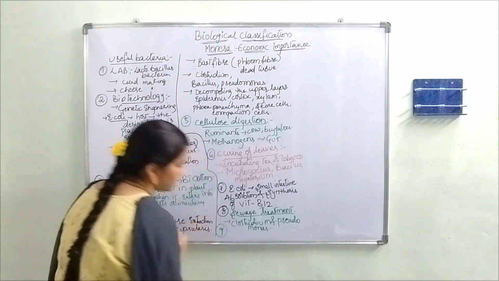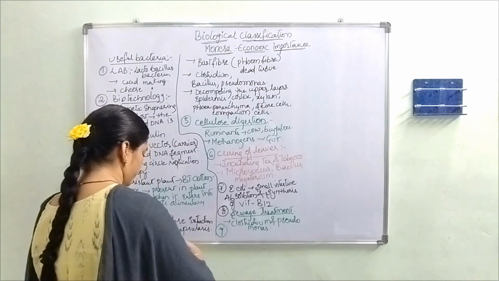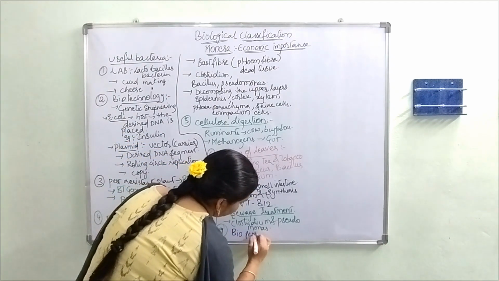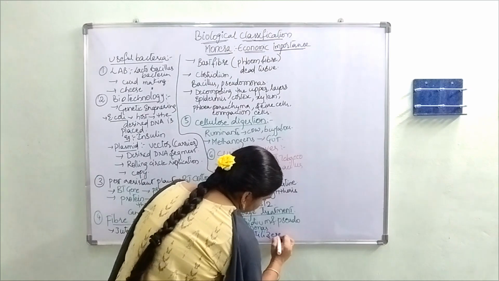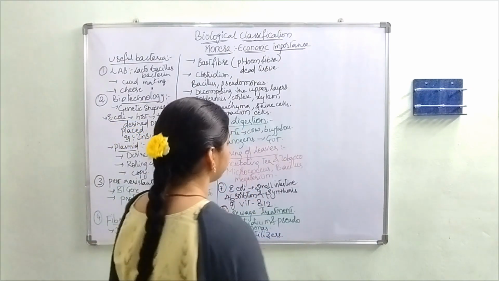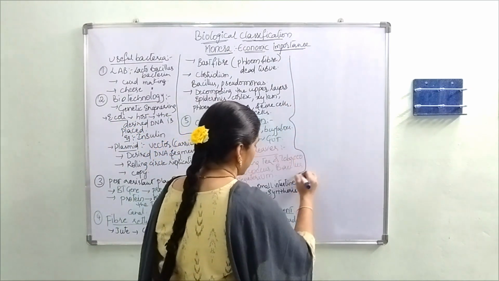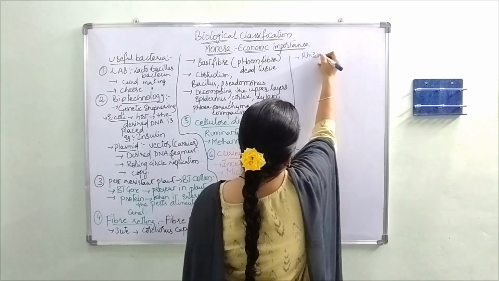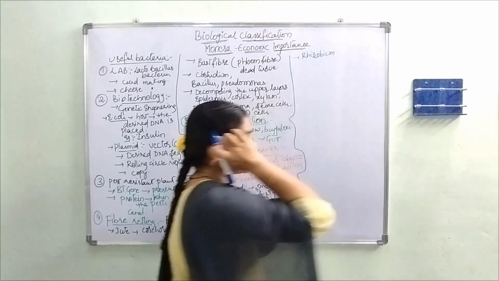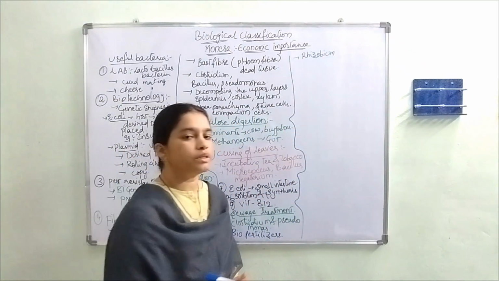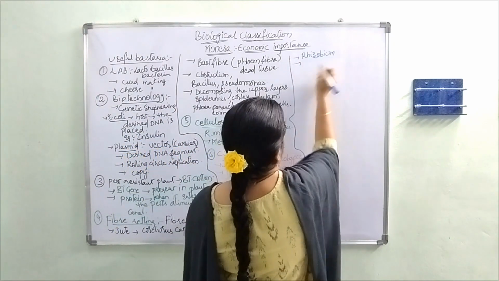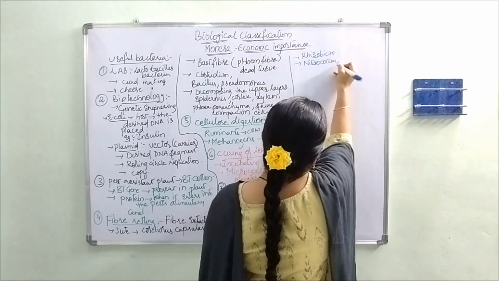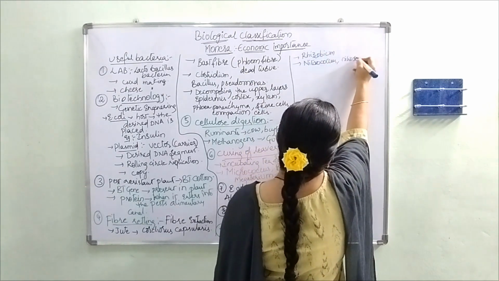Now coming to number 9, biofertilizers. The bacteria which are used as biofertilizers are, for example, Rhizobium bacteria, which lives in the leguminous plant roots, in the root nodules, and Nitrococcus and Nitrosomonas.